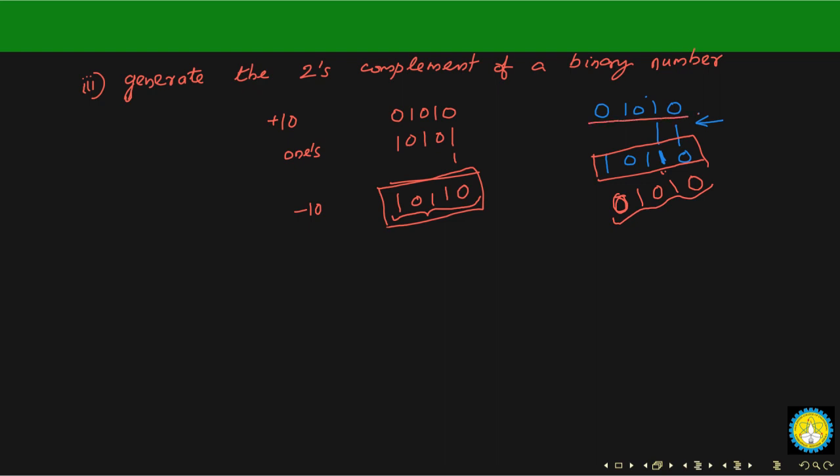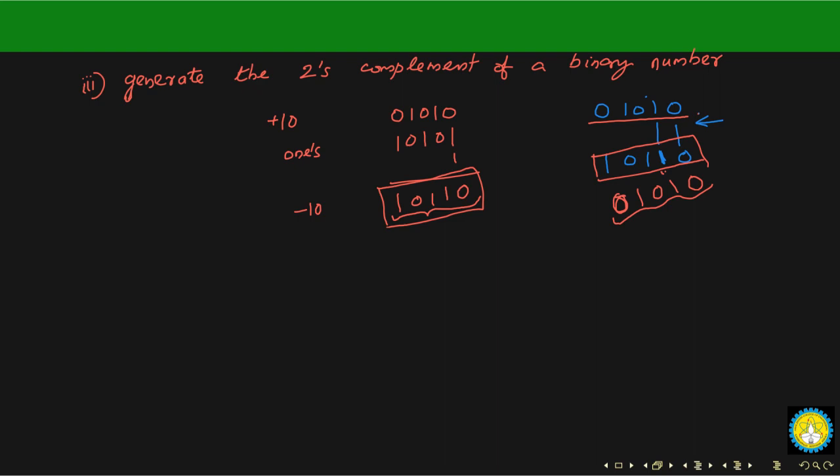So this trick for finding the 2's complement can be applied while designing the Mealy machine for generating the 2's complement of a binary number. This is not a very trivial question. You should know this trick of converting a binary number into its 2's complement.